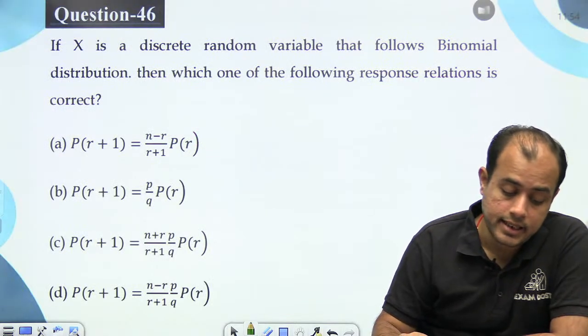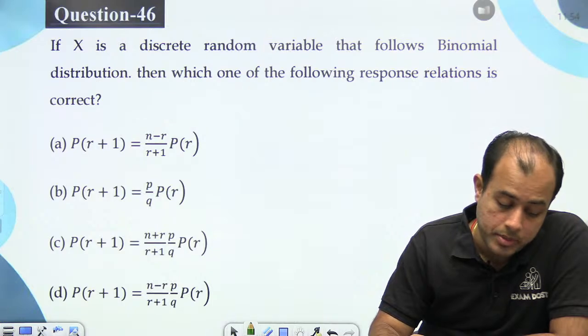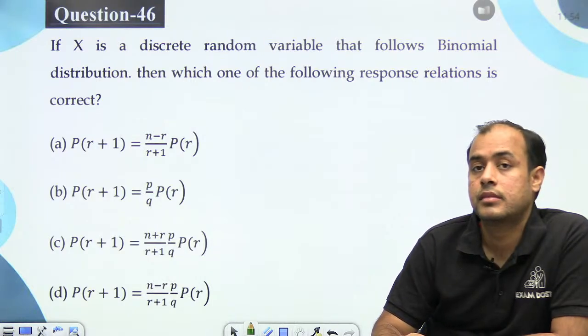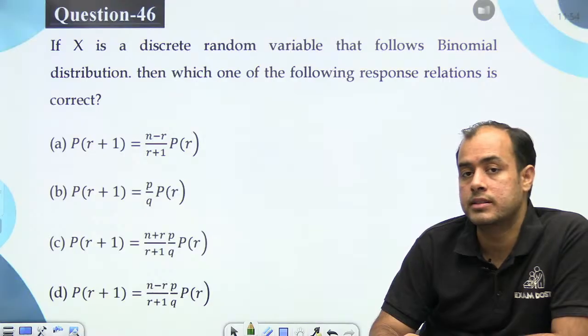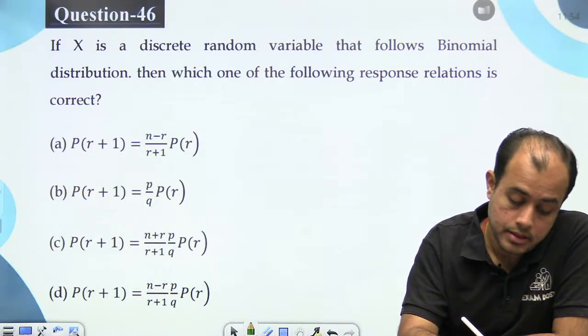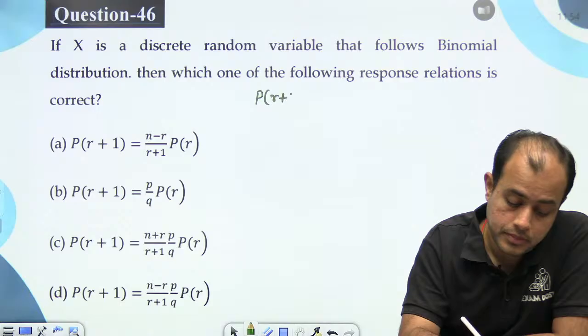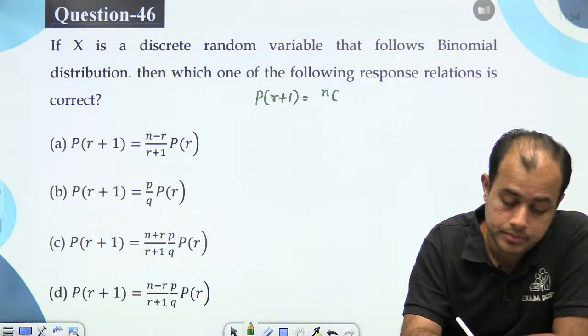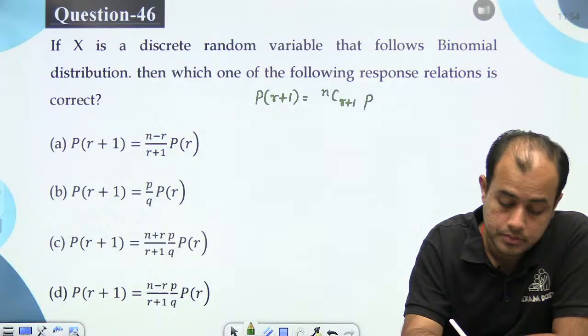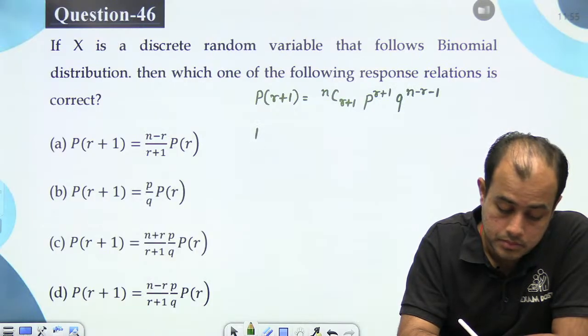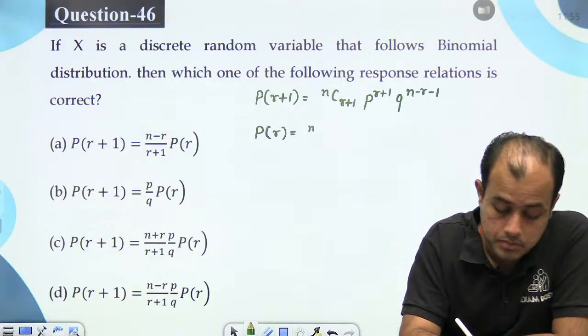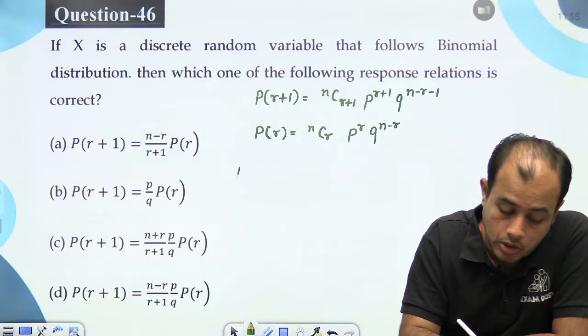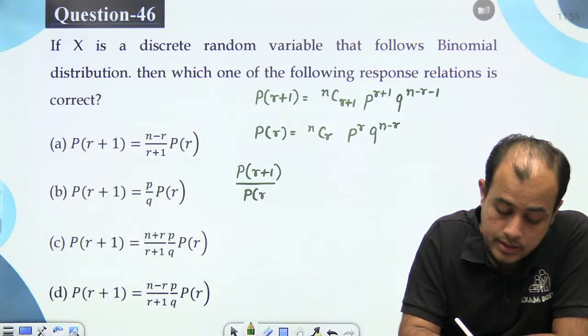X is a discrete random variable following the binomial distribution. Which of the following recursion relations is correct? So probability of r plus 1. Now divide both the probabilities to find the recursion relation.